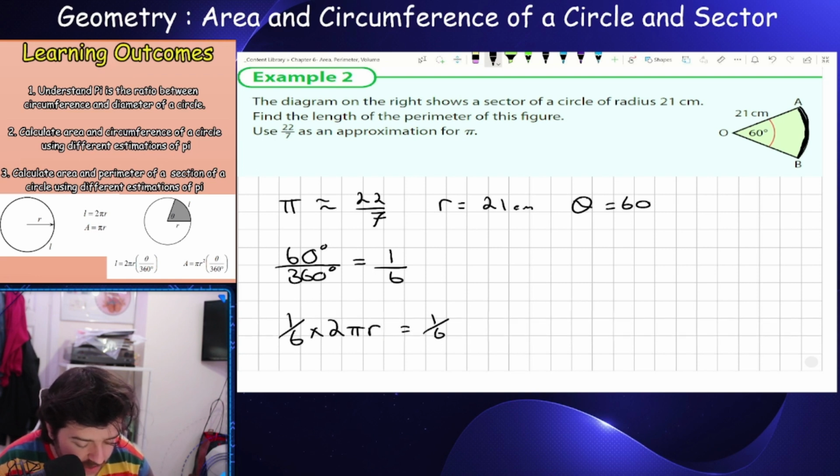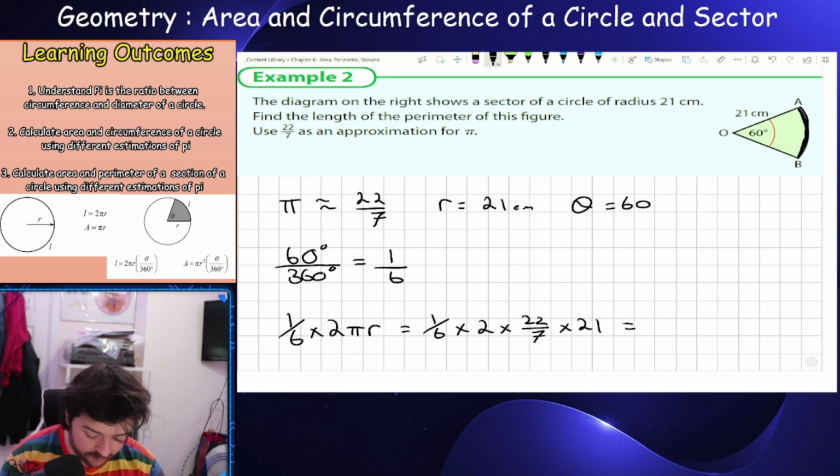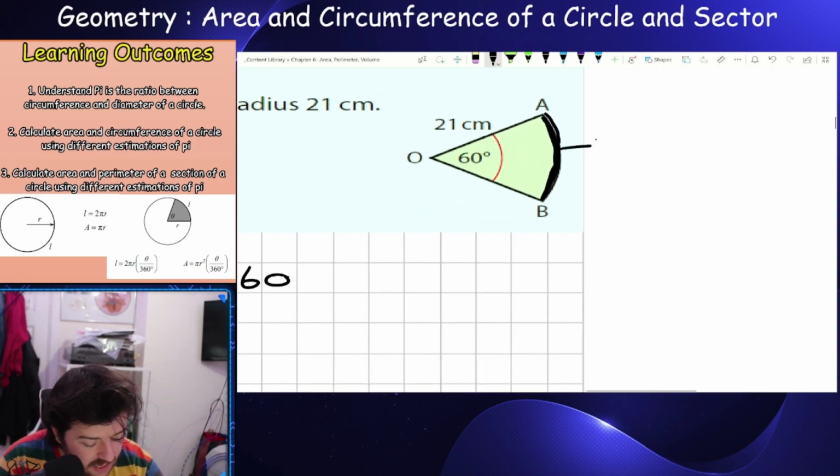So it'd be 1/6 times 2 times 22 over 7 times 21, and that gives me 22 centimeters. So the curved bit here is equal to 22 centimeters.